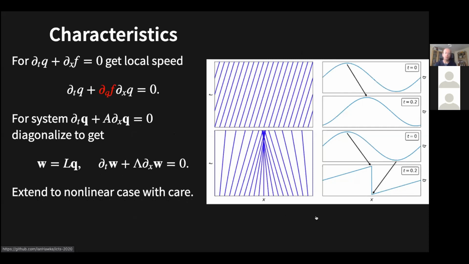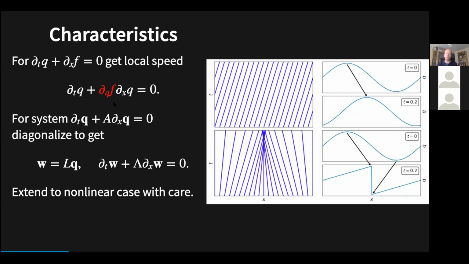Right, one more recap and extension of what we looked at yesterday. So we talked about the characteristics and characteristic speeds. So for a scalar conservation law, so d_t q plus d_x f equals 0, as long as the solution is continuous, we can expand this out as d_t q plus d_q f d_x q equals 0.